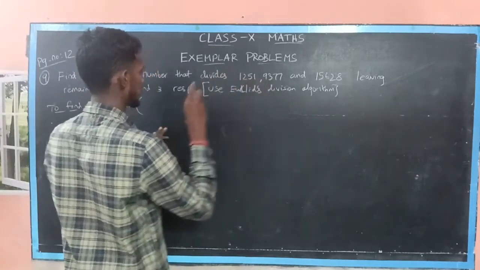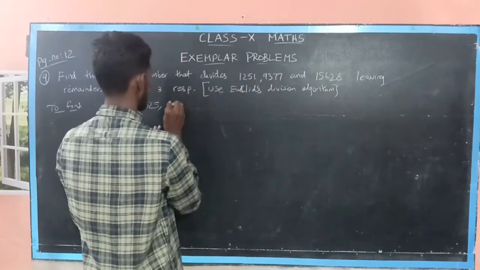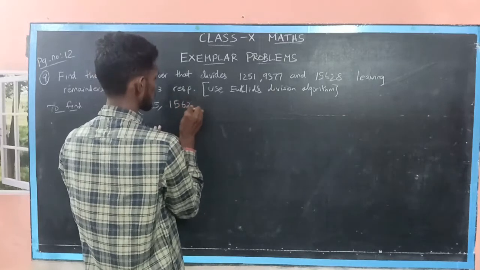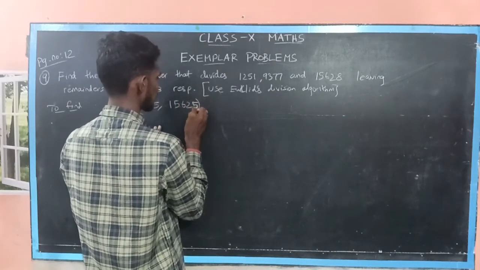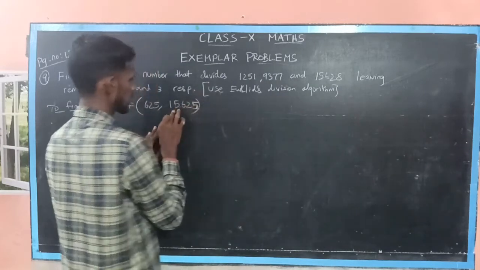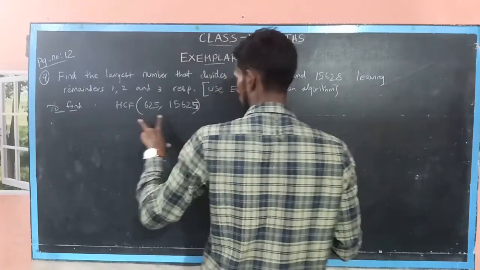Now, we have to find the HCF of these two numbers: 625 and the third number, the subtracted value, which is 15,625. You have to find the HCF of these two numbers.